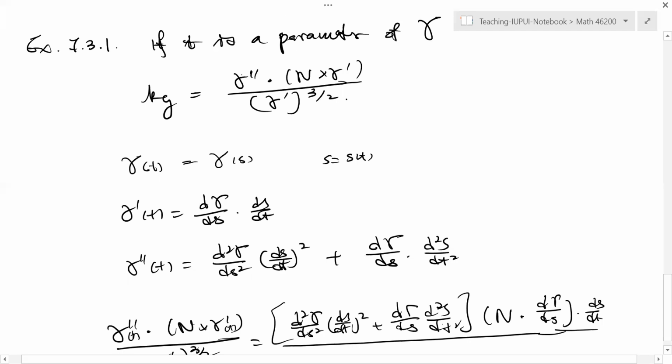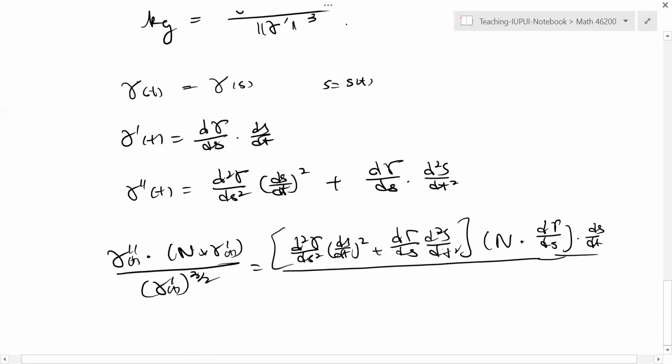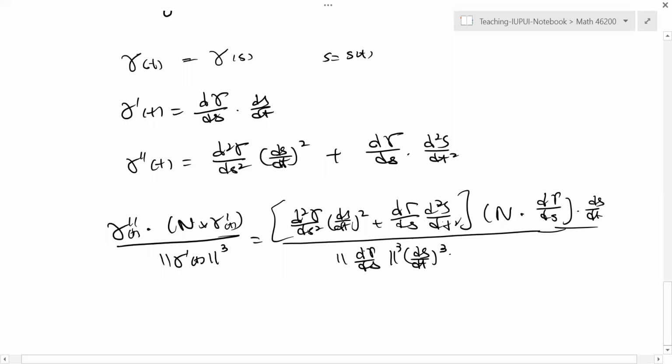My notation is wrong here, I should write the norm. So that will be the norm of d gamma ds times ds dt, cubed. But s is the arc length, that's why it's going to be 1.